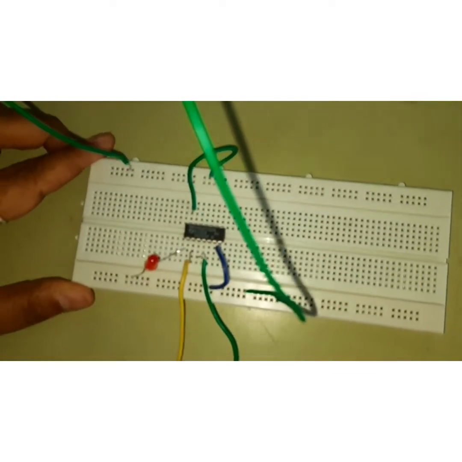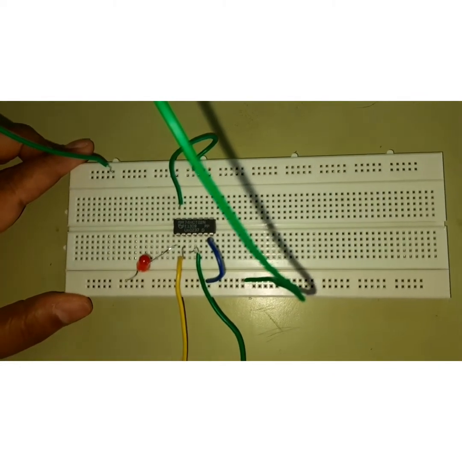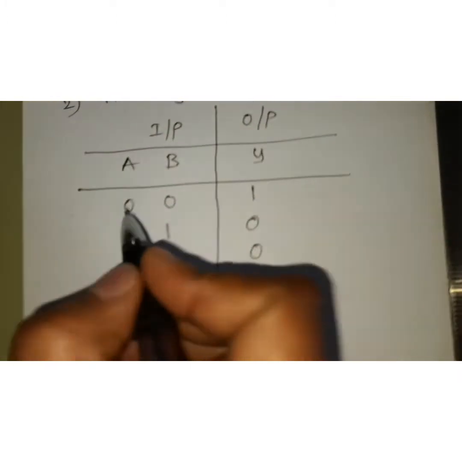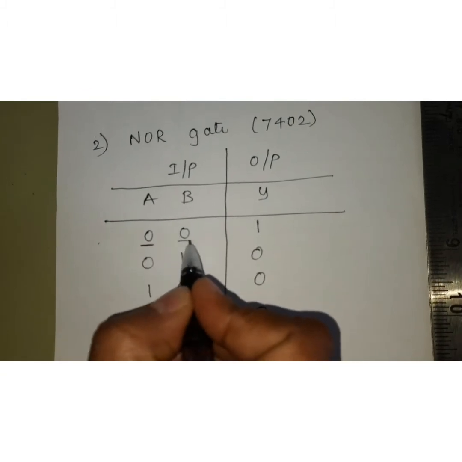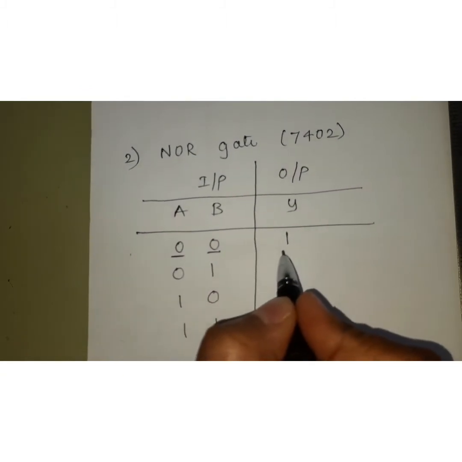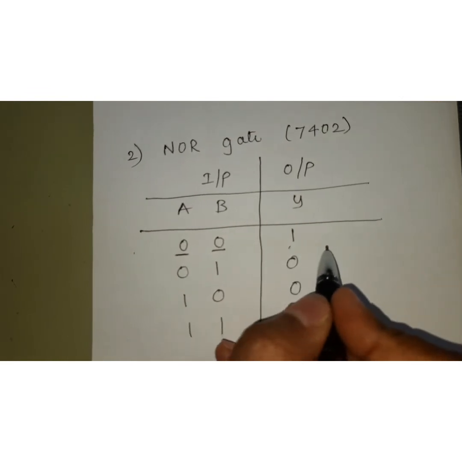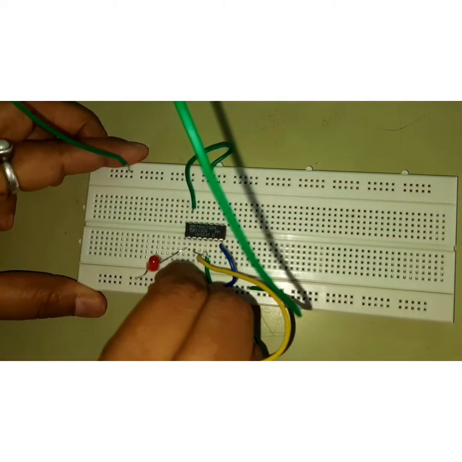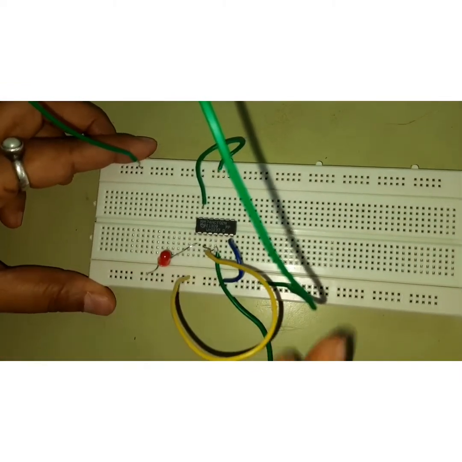Now we are going to verify the truth table of the NOR gate. So you can check when A is 0, B is 0, theoretically output should be 1. That means the LED should glow. So we'll connect A, that is yellow wire, to ground. So this is 0.